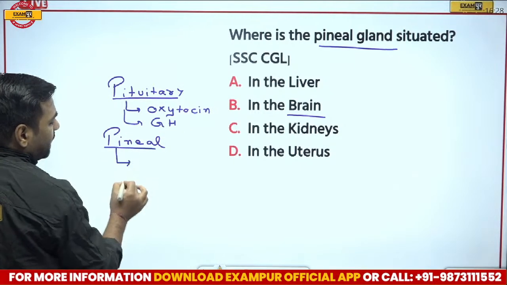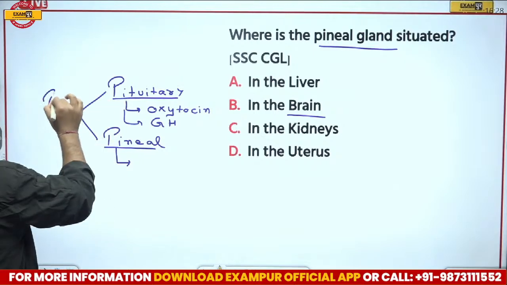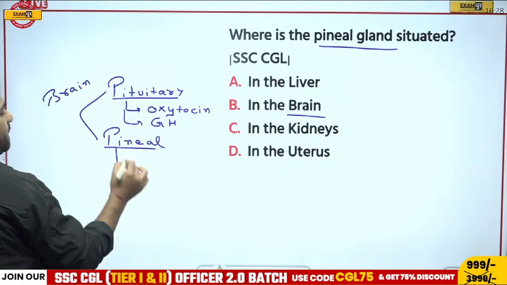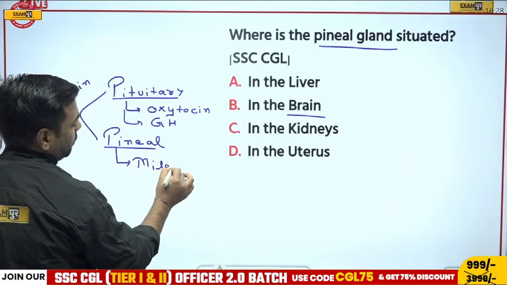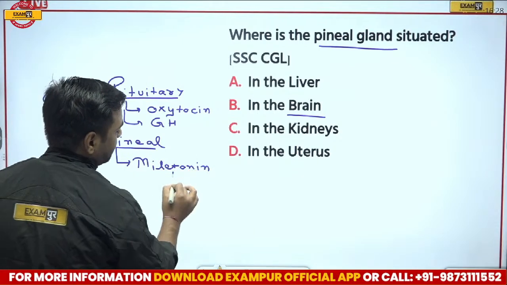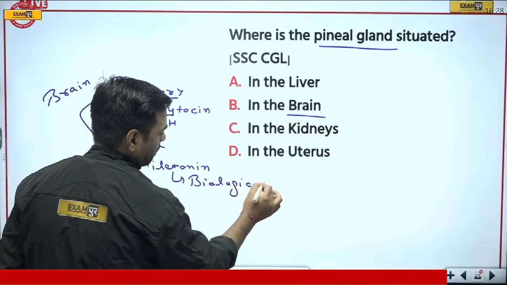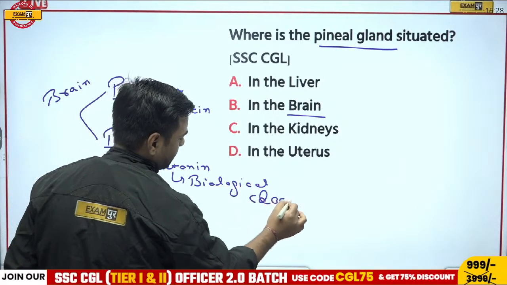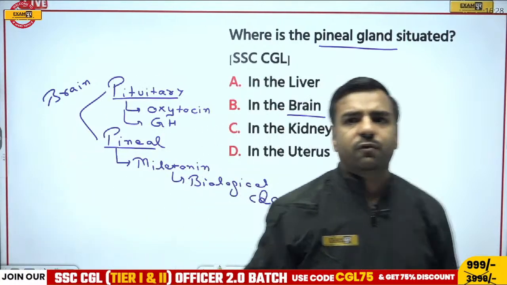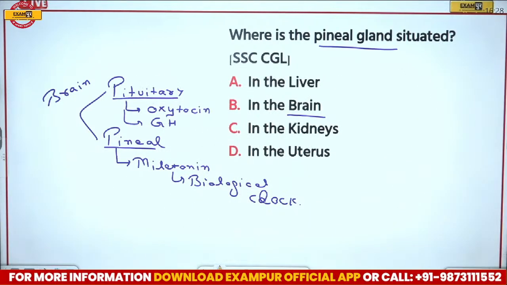The pineal gland is also there in the brain. Both of them are present in the brain. The pineal gland releases melatonin, which acts as a biological clock. I've already given you an example of it. So we'll move forward now. Absolutely correct. The pineal gland is located in the brain.